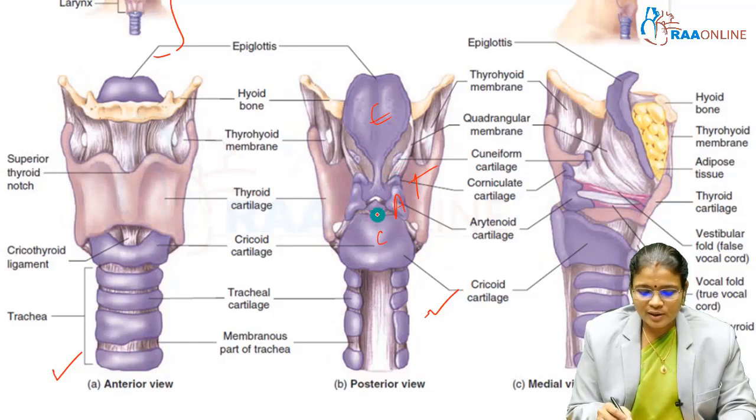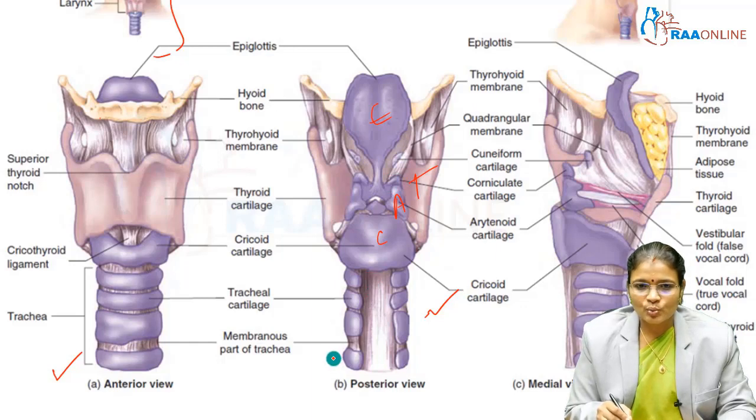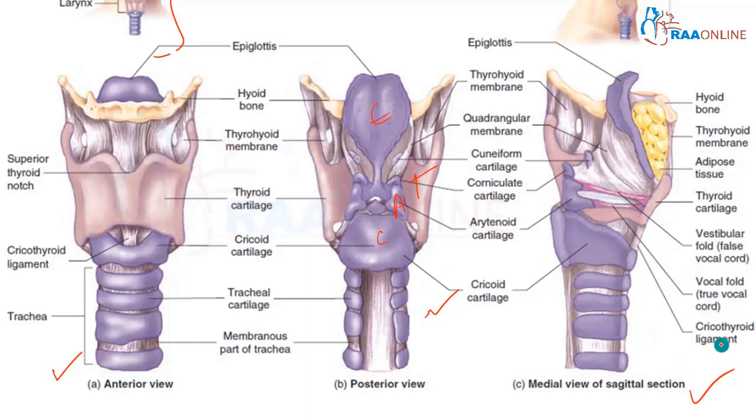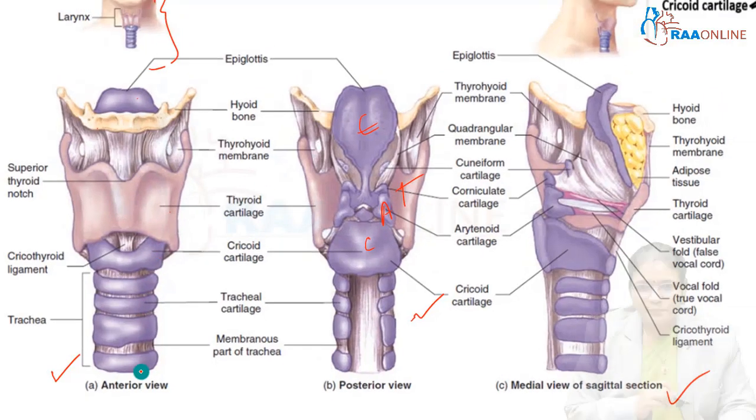And this is the cricoid cartilage, and then it continues downwards as trachea. This picture shows the medial view of the sagittal section of larynx. This is called epiglottis, this is the hyoid bone, this is the thyroid cartilage, and this is called cricoid cartilage, and it continues as trachea.